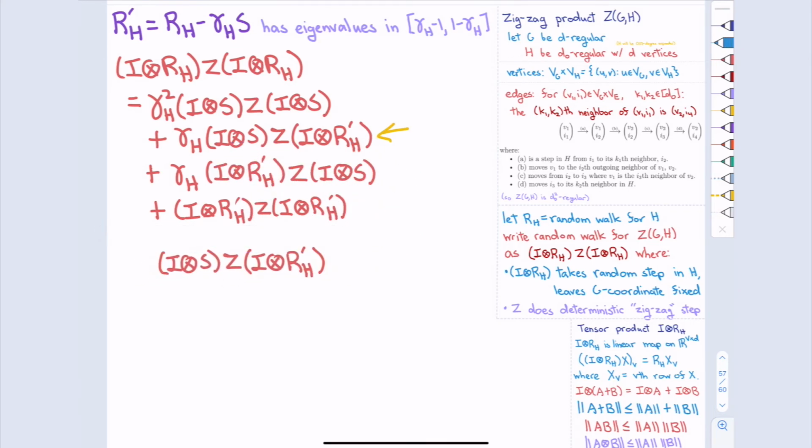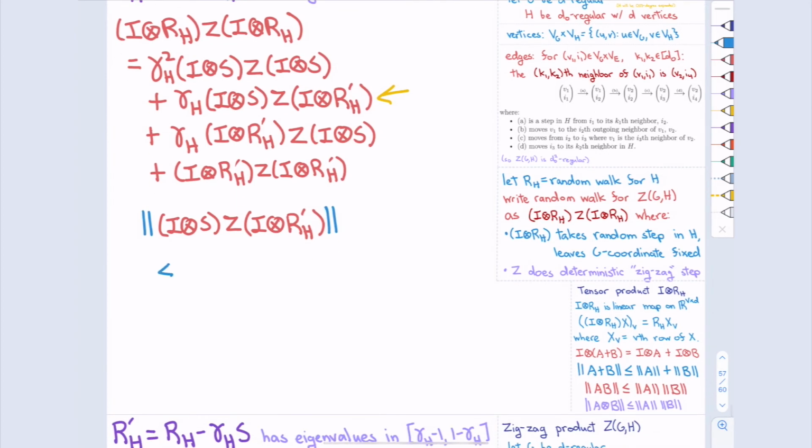This is at most, okay, so we can break this up, right? We just need loose upper bounds. What is this upper bounded by?